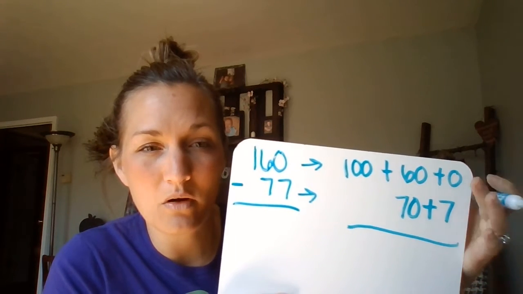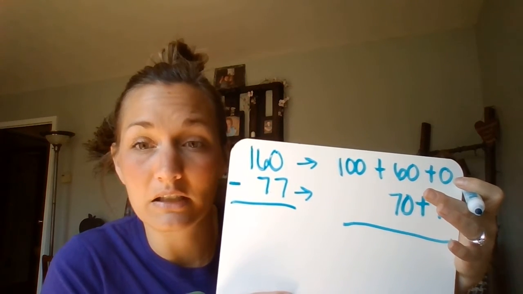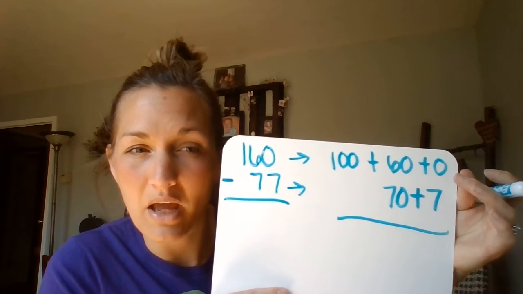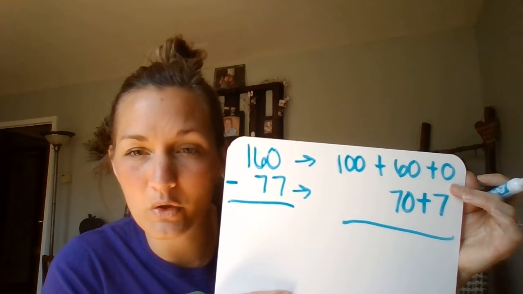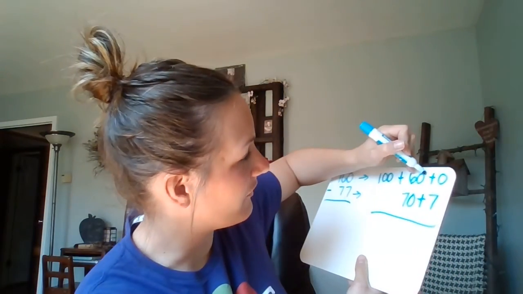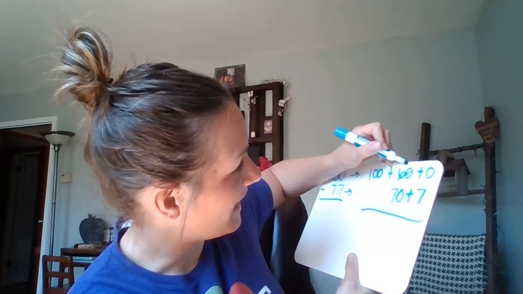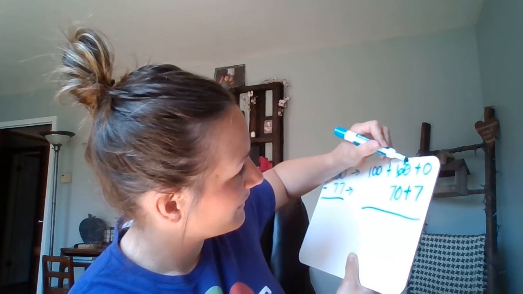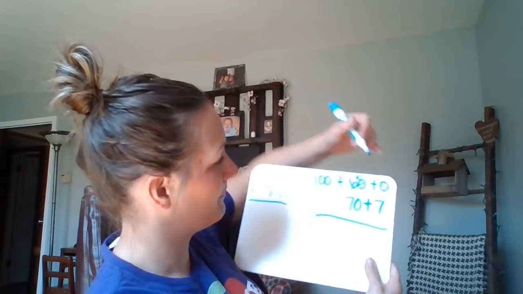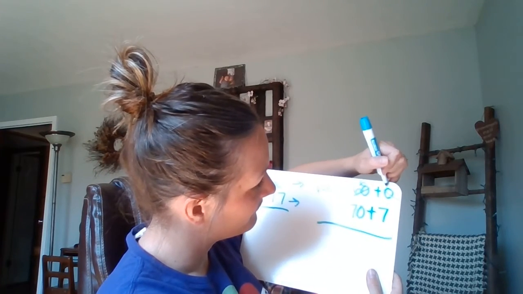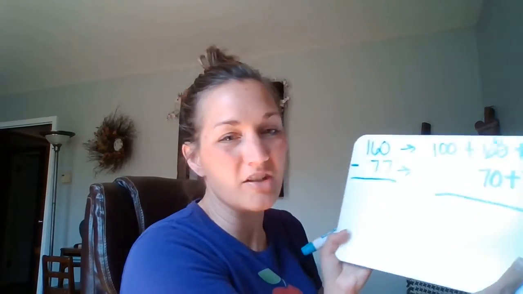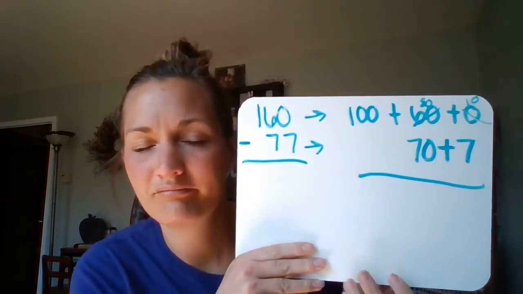So we would go over here to borrow from our 10's spot, and we're going to take 10 away so that we can have a larger number here. So we're going to take away the 10 from there. That number becomes 50, and our 0 will now become 10.